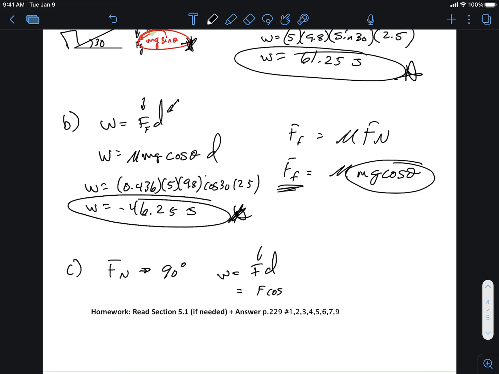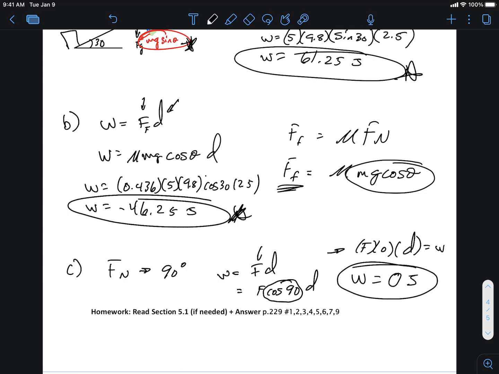So F cos 90 times the displacement. We know that the cosine of 90 is 0. So what do we get? We get F times 0 times D equals the work. Well, we know that the work here, because the force is perpendicular, is 0 joules.